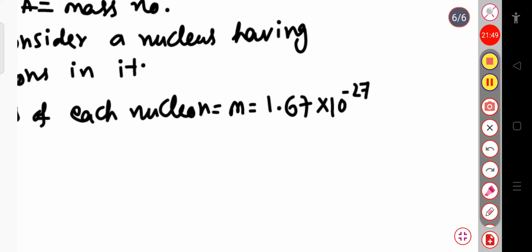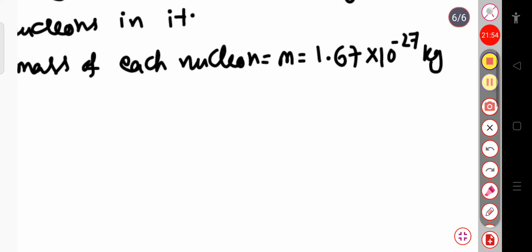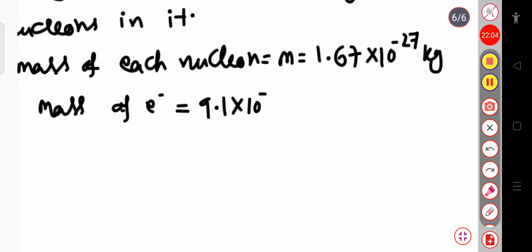This is the mass of each nucleon. And also we know the mass of an electron is equal to 9.1 into 10 power minus 31 kg.